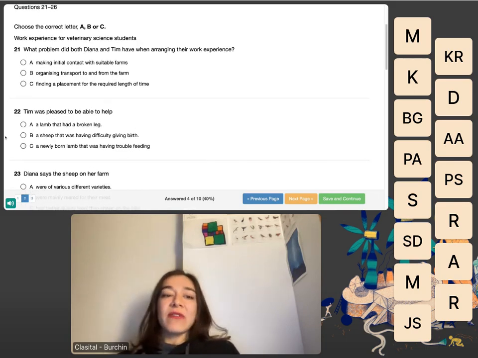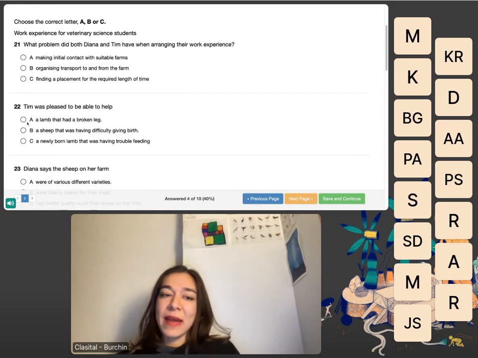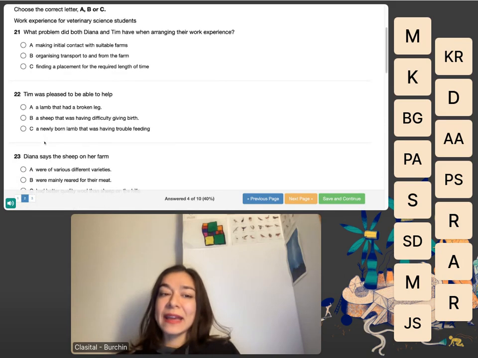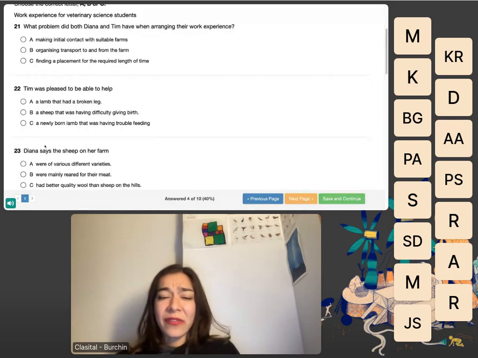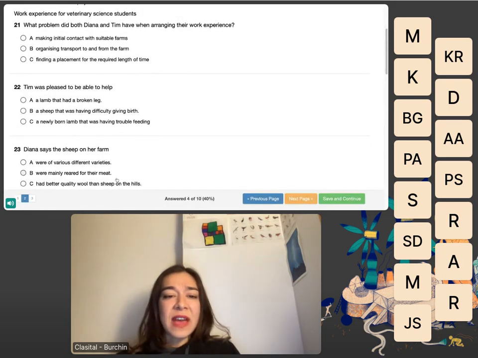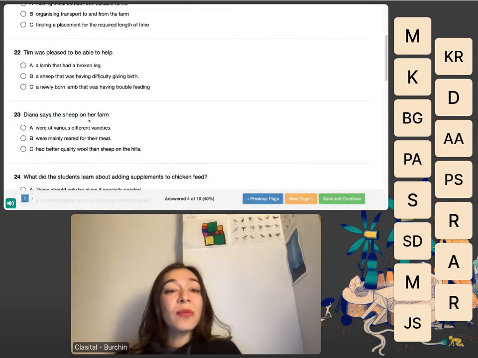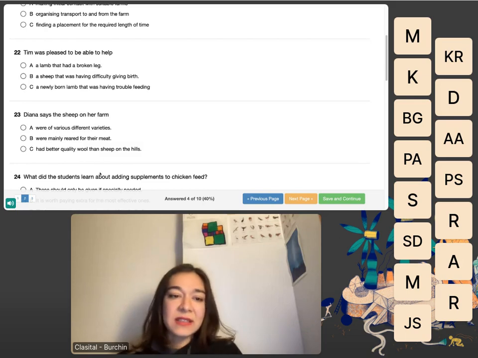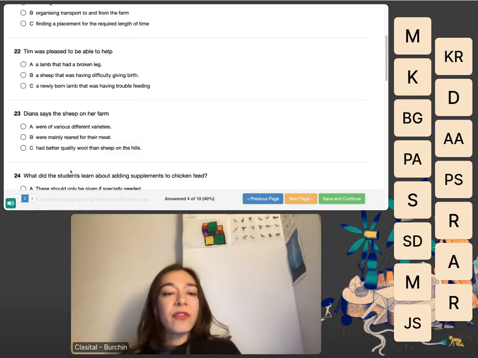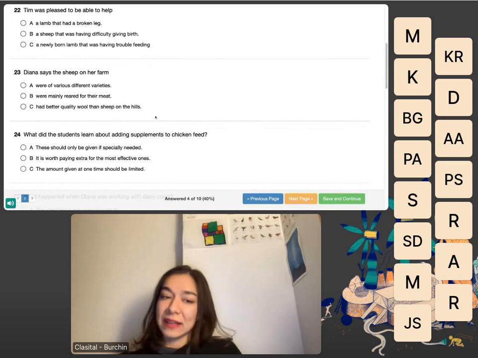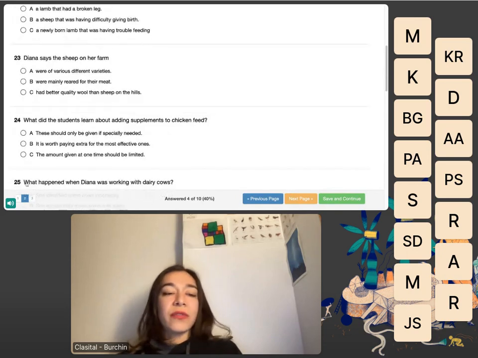22. Tim was pleased to be able to help a lamb that had a broken leg, a sheep that was having difficulty giving birth, a newly born lamb that was having trouble feeding. Diana says the sheep on her farm were various different varieties, were mainly reared for their meat, had better quality wool than sheep on the hills. 24.